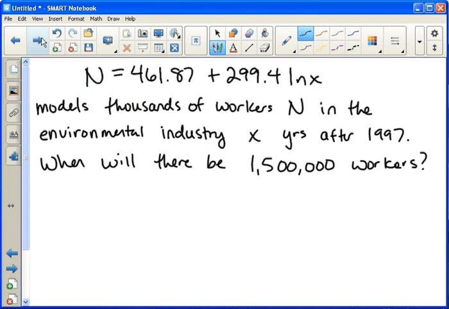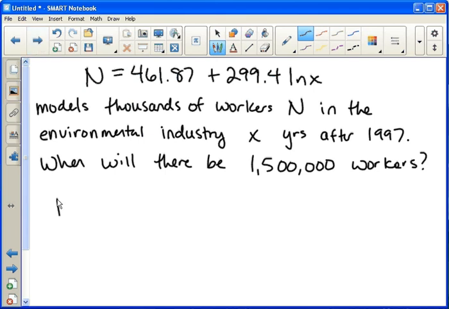So n is the number of workers in thousands, x is the number of years after 1997. And the question asks, when will there be 1.5 million workers? Alright, so first of all, 1.5 million translates to 1,500,000. So I would put 1,500 in for n, because it's that many thousand.